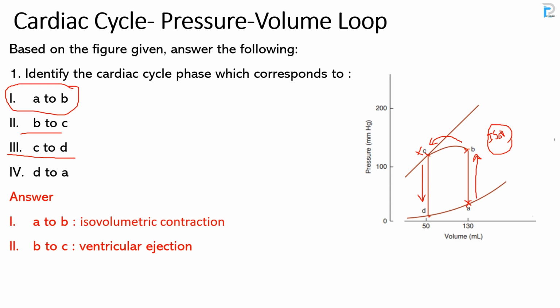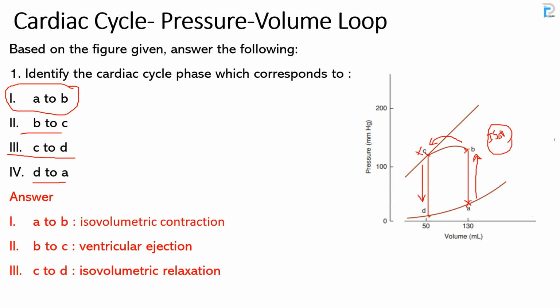So it's an isovolumetric phase, because there is no change in volume. But is it contraction or relaxation? We have a decrease in the pressure, which means the ventricle is relaxing. So this is the isovolumetric ventricular relaxation phase.